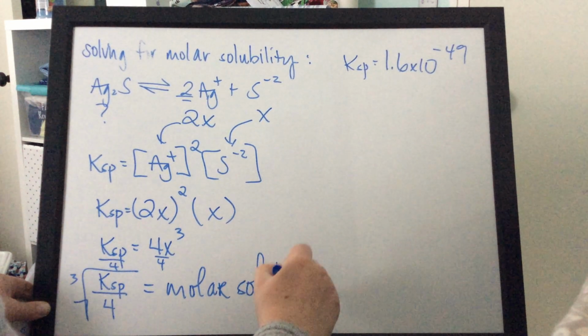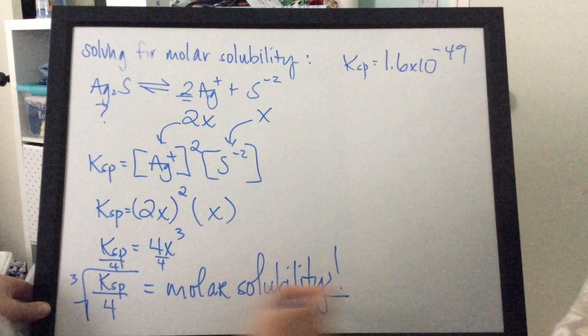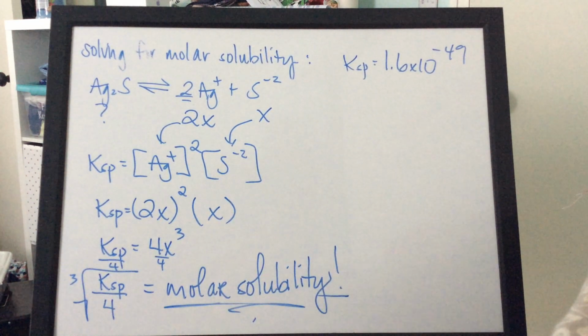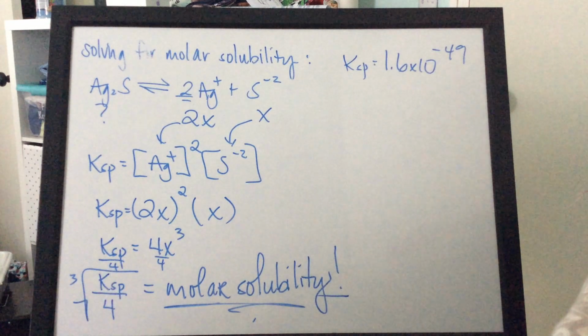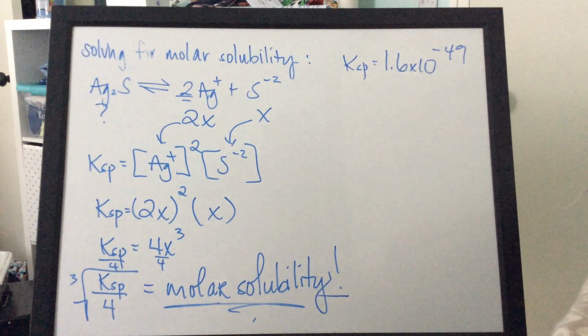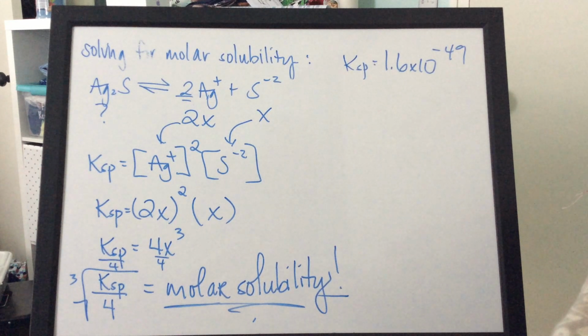So you just have to be careful, because if it's not 1-to-1, solving for molar solubility is a bit more complicated, because you end up with an exponent, which makes my math a little more difficult. But that's Ksp, and that's molar solubility, and that's the first part of this discussion on solubility equilibrium, and there are additional parts to come.